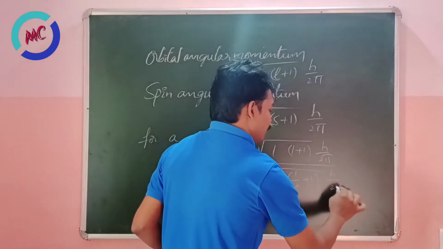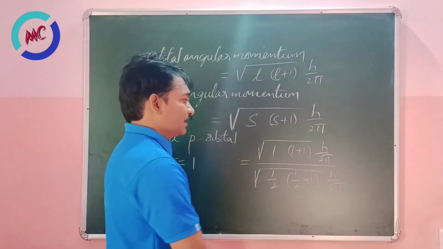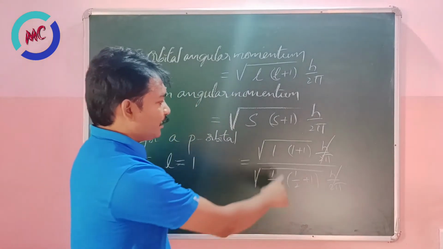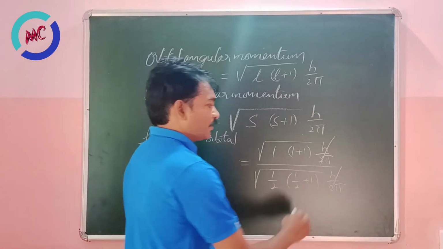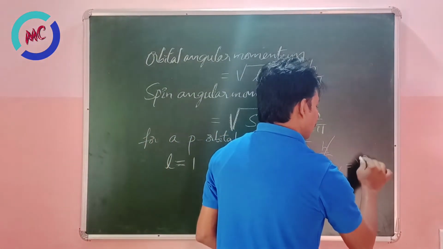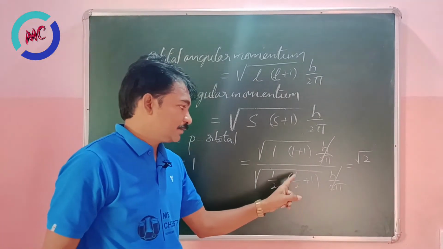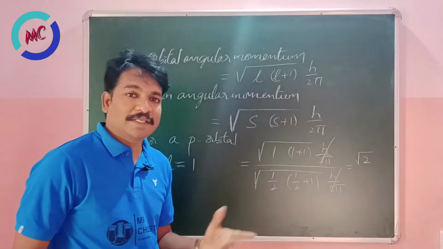H by 2 pi is common in both the cases, that's why I like to cancel these two things. Next, if you simplify this one, 1 plus 1 is 2, 1 into 2 is 2, that is equal to root 2. See here, half plus 1, if you simplify this one, you will get 1 and a half, means 3 by 2.